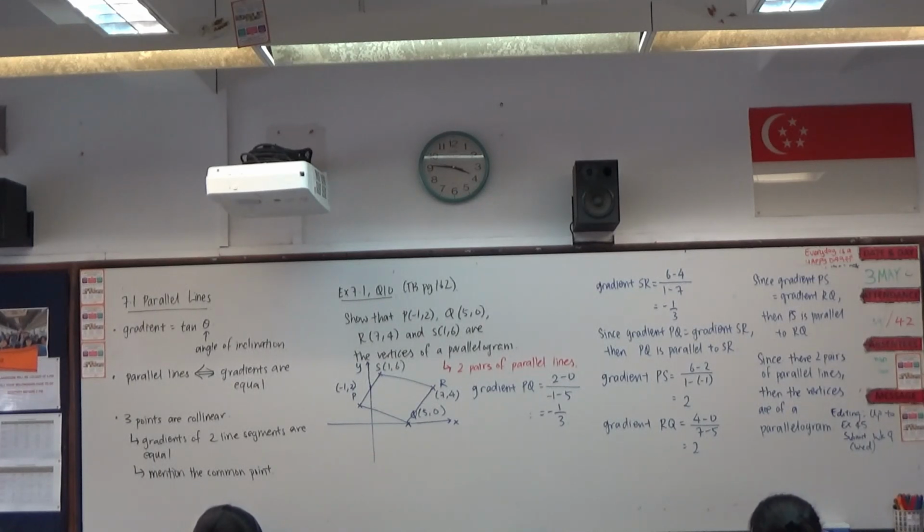Right? Two pairs of opposite sides equal will be a parallelogram. Okay. But in this particular question, they actually specify that they are using the condition for parallel lines.